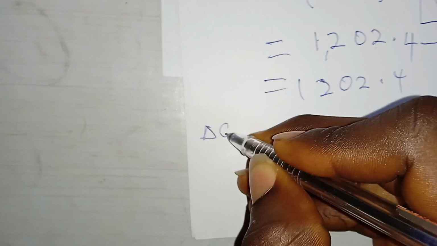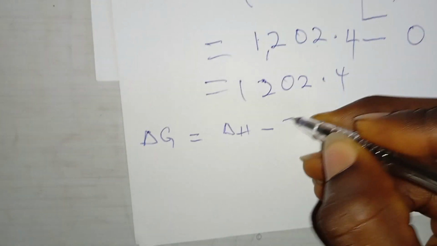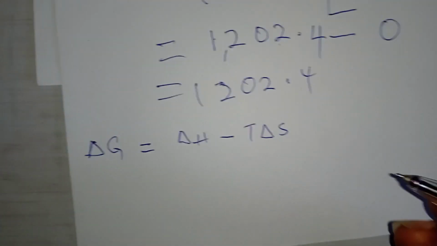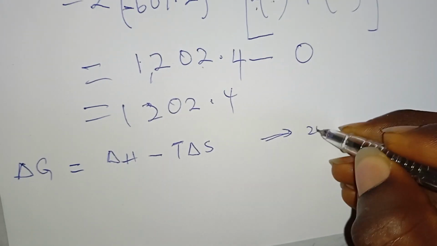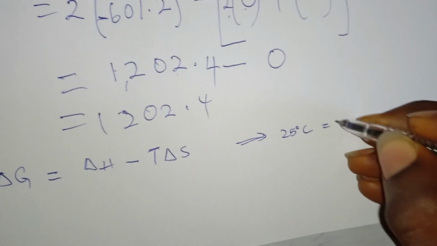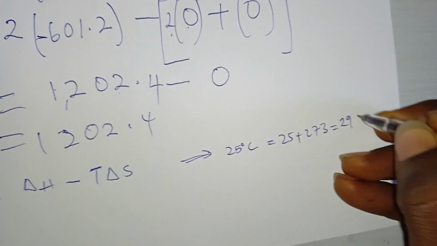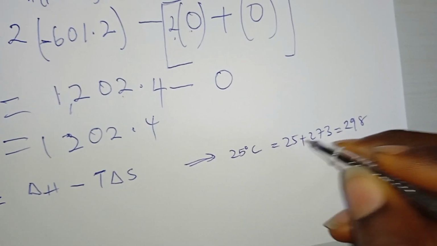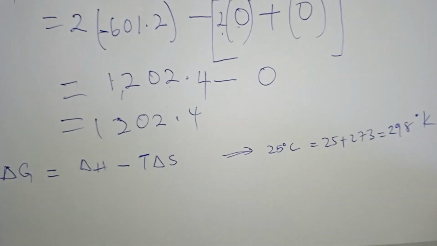So making use of that formula, delta G equals delta H minus T delta S. And the temperature we always make use of, unless stated otherwise, is 25 degrees Celsius, which is the same as 25 plus 273, which will give you 298 degrees Kelvin.